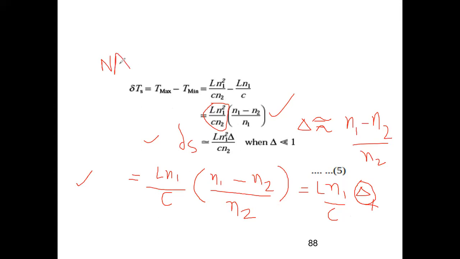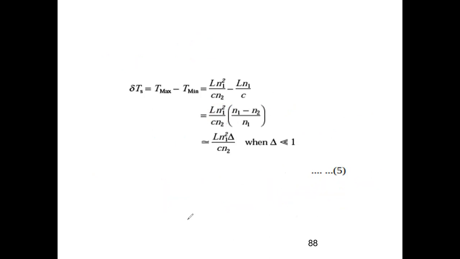So NA is equal to n1 times square root of 2 delta. Okay, so in place of delta I have to use this particular relation. So in that case, now I need delta, so I have to square it to remove the square root. I hope things are clear what I am trying to say. I'll go to the next slide.